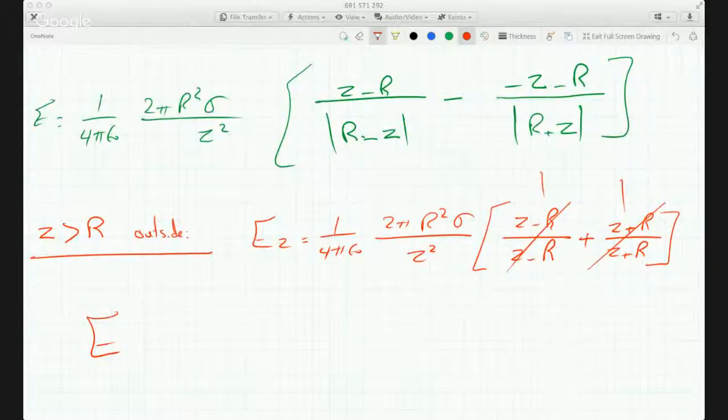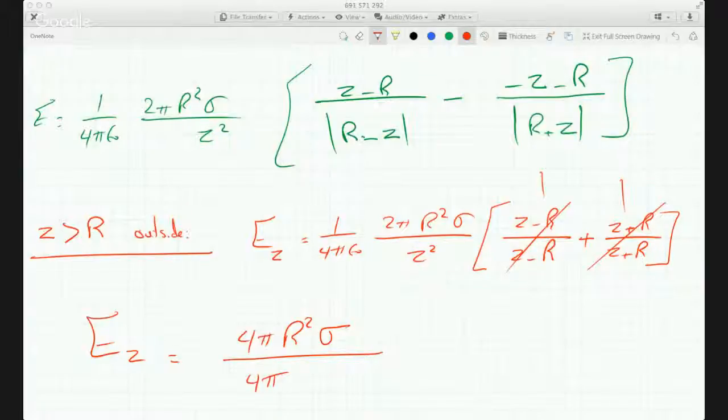So E along the Z becomes 4 pi r squared sigma over 4 pi epsilon z squared. And what is 4 pi r squared sigma? Yeah, that's the total charge.